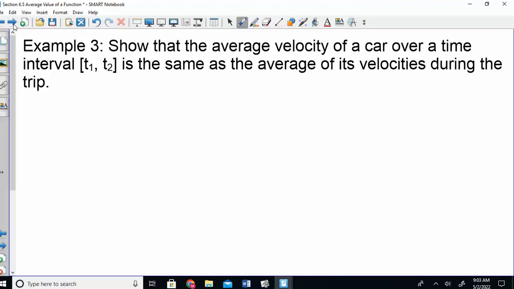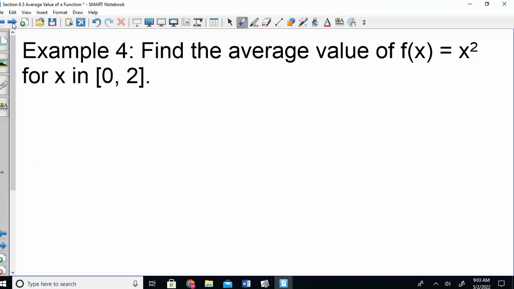Let's do, I'm going to skip this one. I want to do this one. All right, can you guys find this average value for me? Okay. So you're integrating from where to where? Of our function.